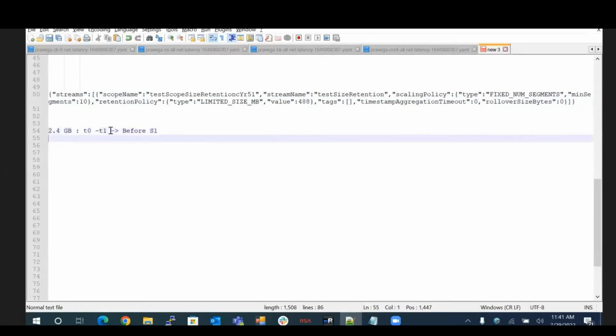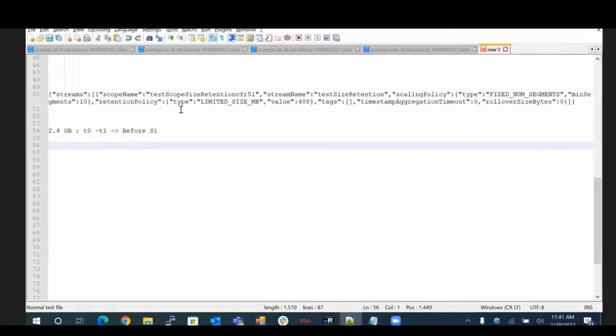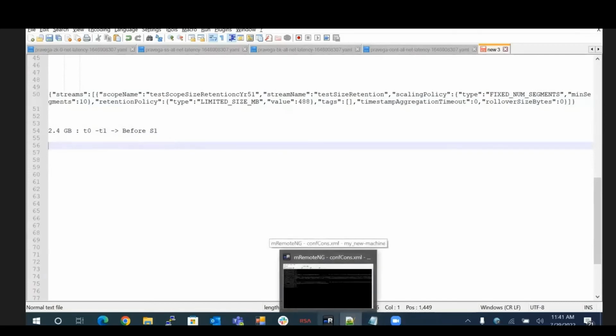So the retention cycle has been set here for 30 minutes. So after every 30 minutes, there will be a stream cut performed on this retention policy set stream. And now the first stream cut time has already surpassed.